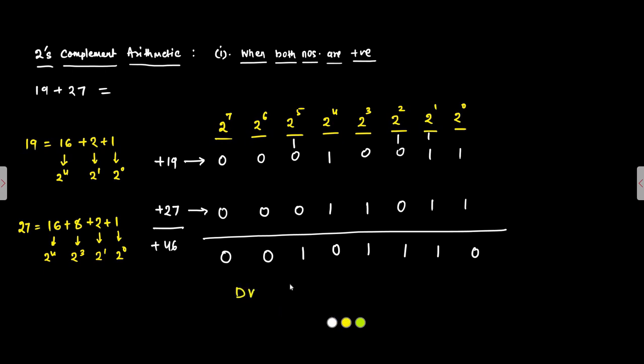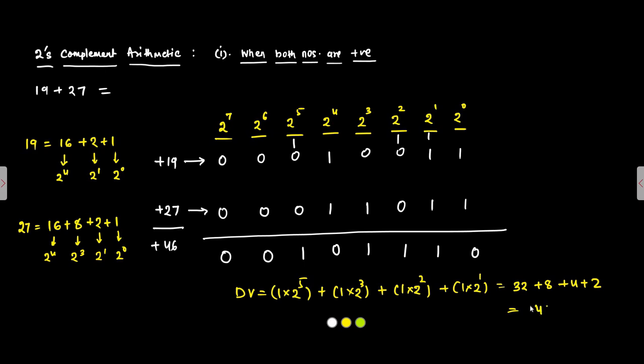The decimal value is 1 into 2 to the power 5 plus 1 into 2 to the power 3 plus 1 into 2 to the power 2 plus 1 into 2 to the power 1, equal to 32 plus 8 plus 4 plus 2, which is 46.